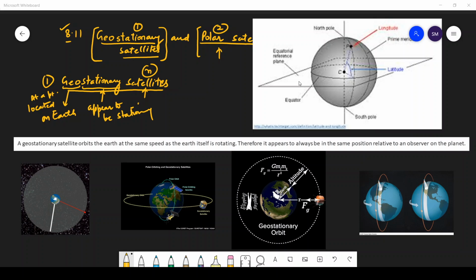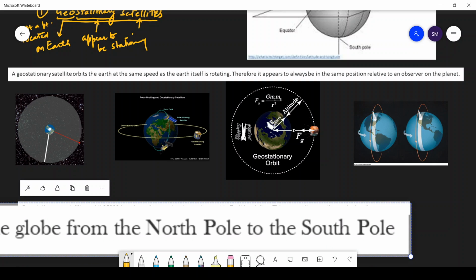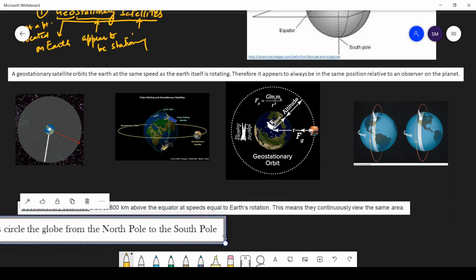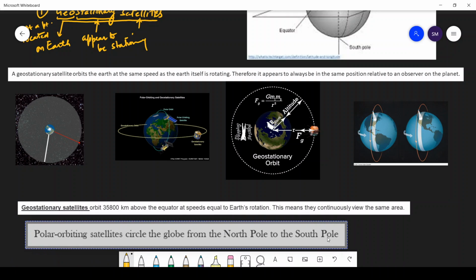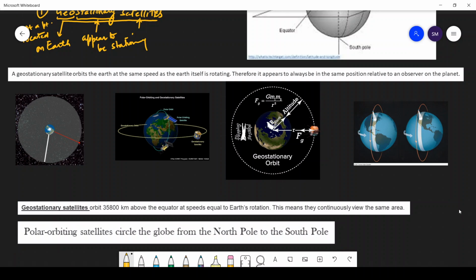Okay. The second one is polar orbiting satellite, they circle the globe from North Pole to South Pole.